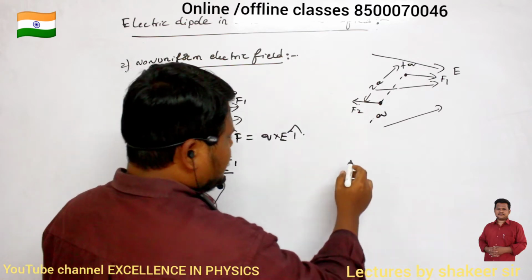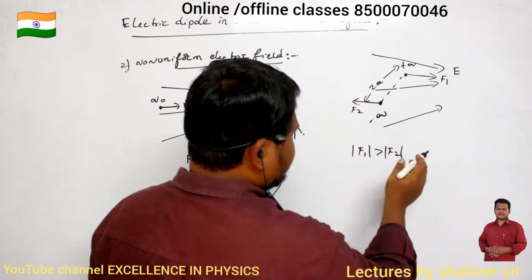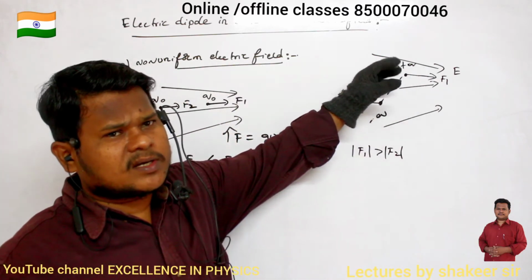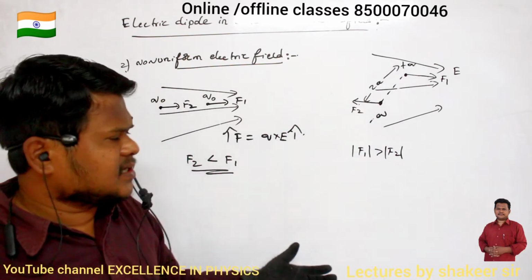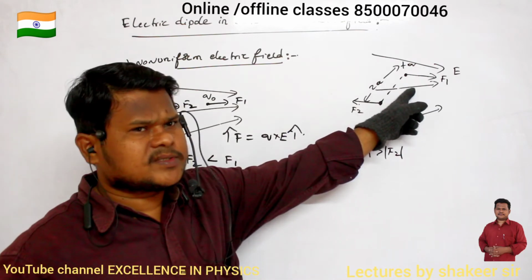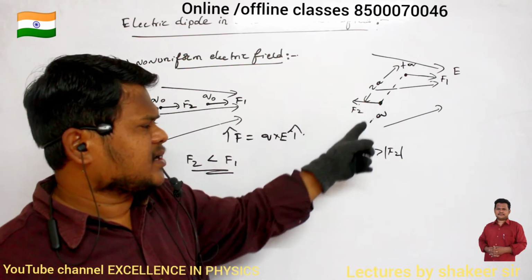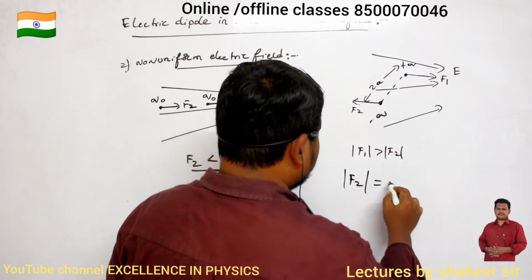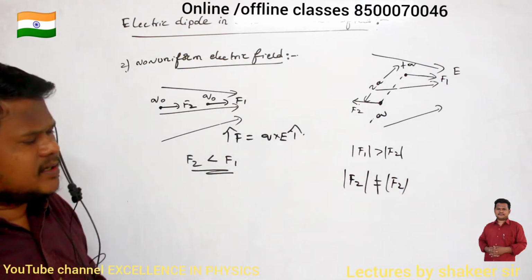Definitely the magnitude of F1 is greater than the magnitude of F2, because the positive charge is present where the lines are more concentrated, and the negative charge is present where the spacing between the electric lines is larger. So F1 experiences greater force and F2 lesser force, and the magnitudes of F1 and F2 are not equal. If they are not equal, what will happen?